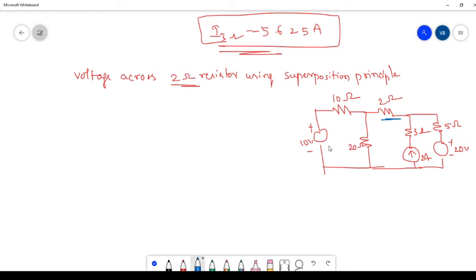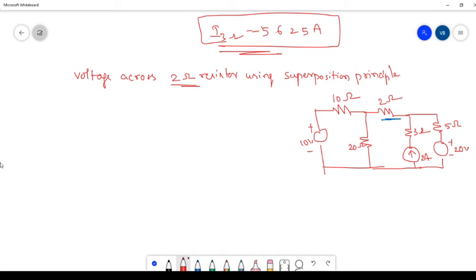The sources act individually, because the superposition principle is mentioned. So we need to calculate the individual voltage drop across the 2 ohms resistor. First, considering the 10 volts voltage source, the current source will be open and the other voltage source will be shorted.